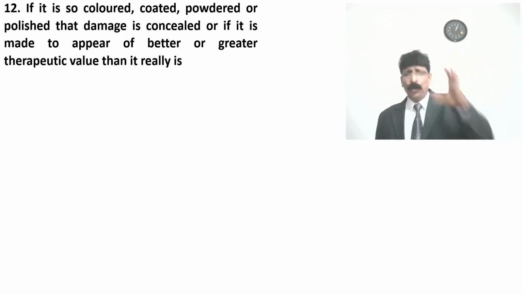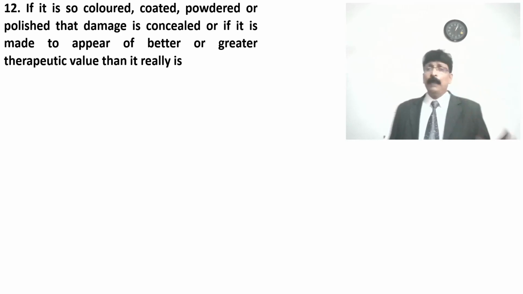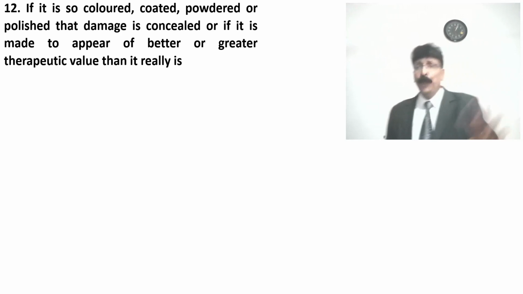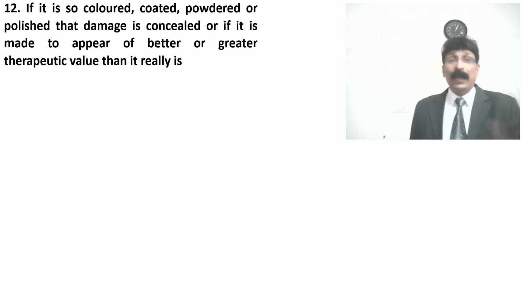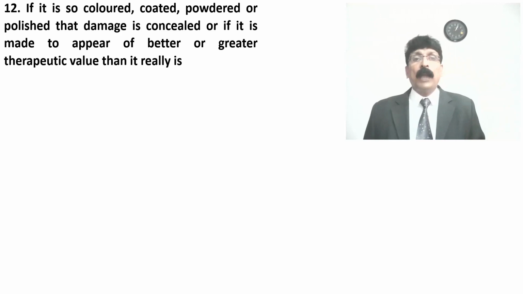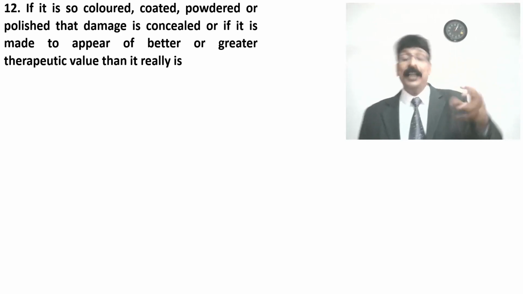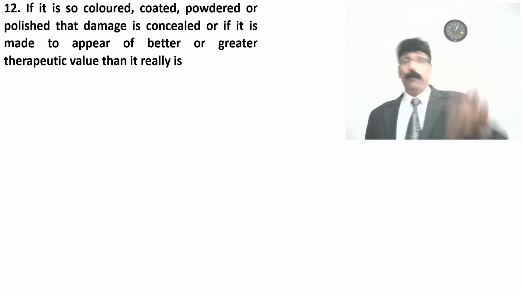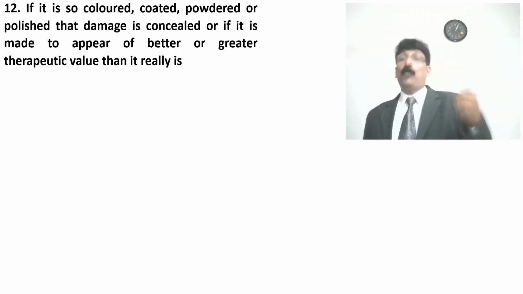We know about fraudulence in the product, changing the product, low quality product, adulteration, spurious, and all these words. But here they have specifically told what? Color is added, coated, powdered, polished, damage is concealed, and it is made into a better product with better therapeutic value, attractive. What is the name of it?